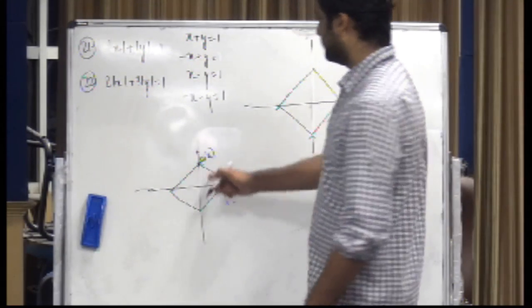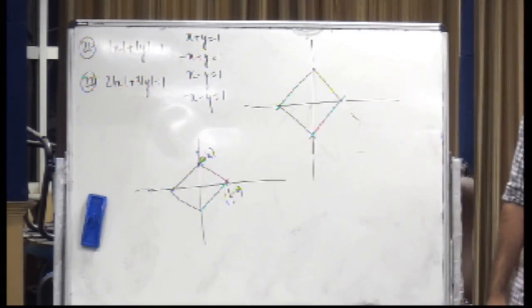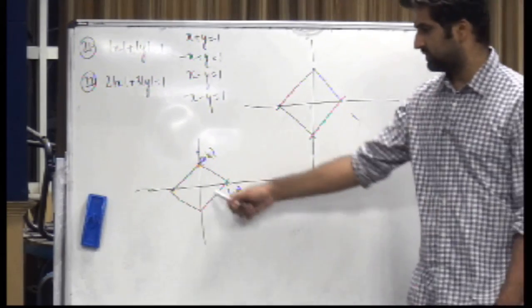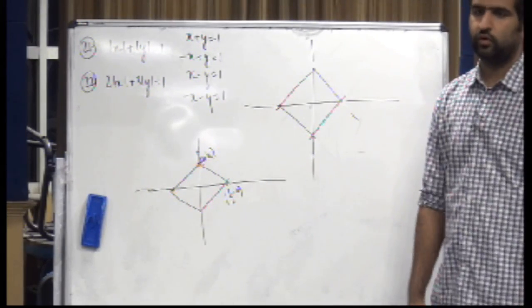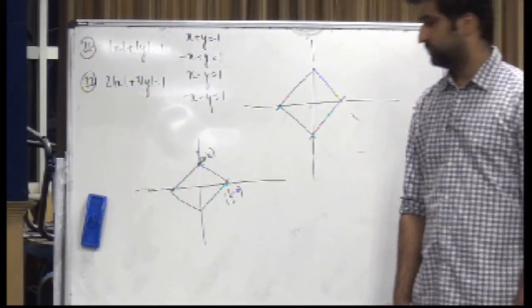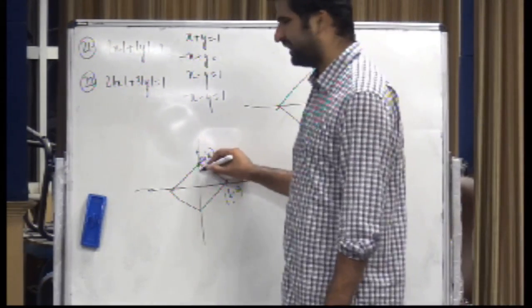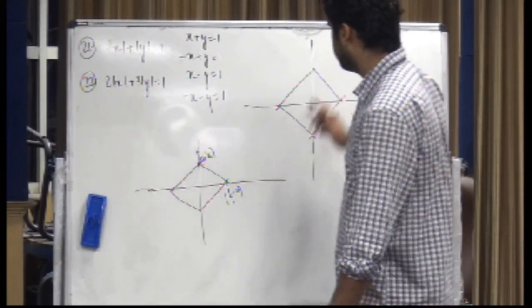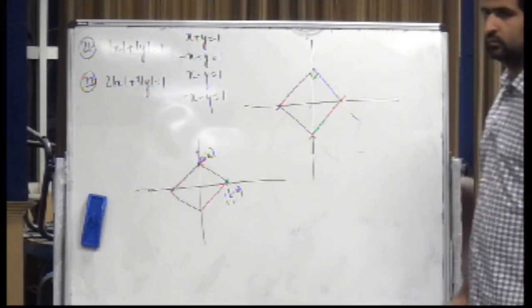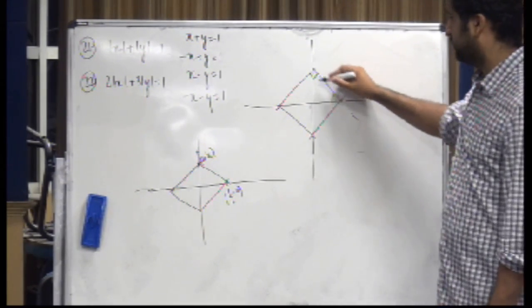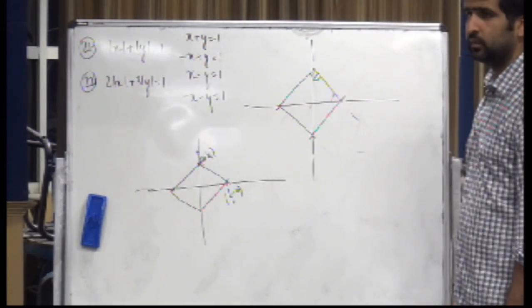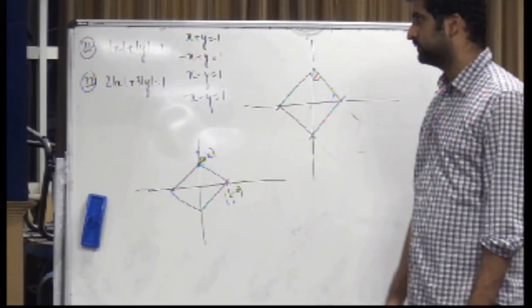So what shape are we getting here? No, this one is square. This one is a rhombus, because these angles are not 90 degrees. In the earlier case it was 90 degrees, because it was symmetric, so 45, 45 all angles, but not in this case. Got this?